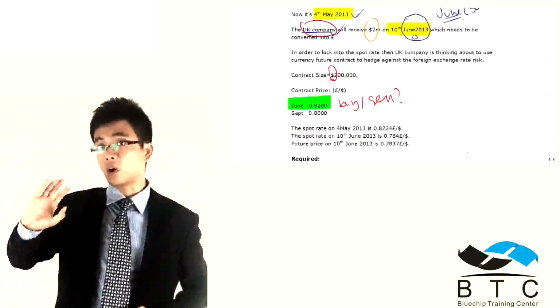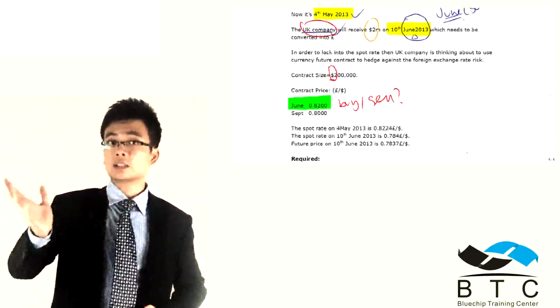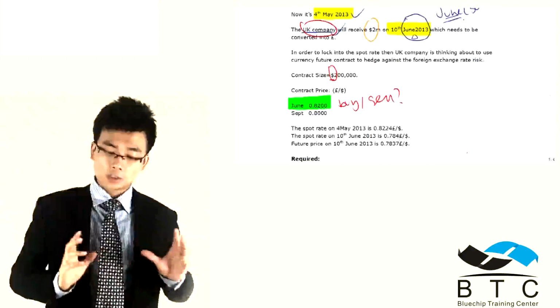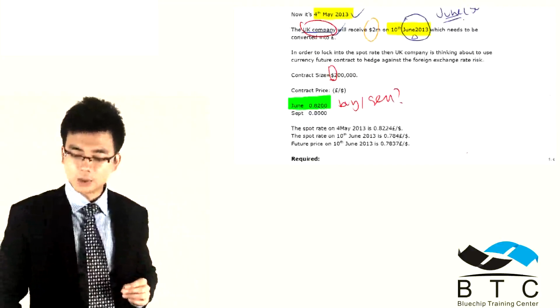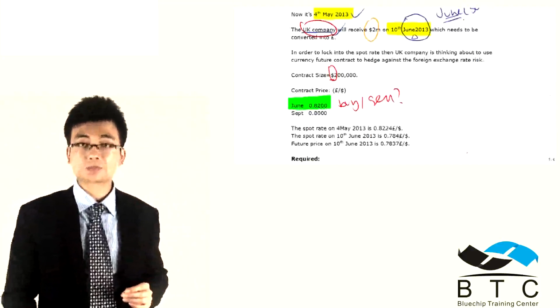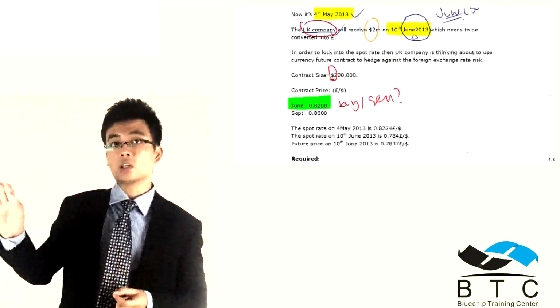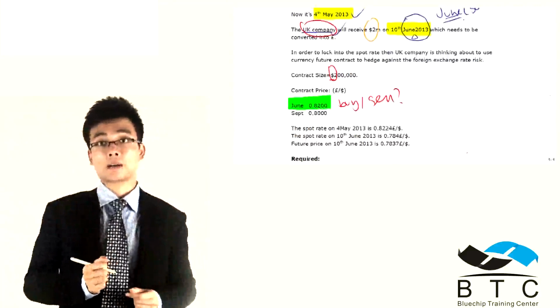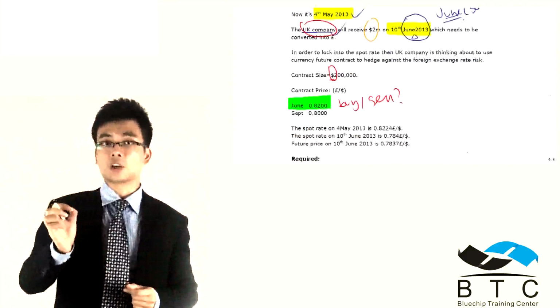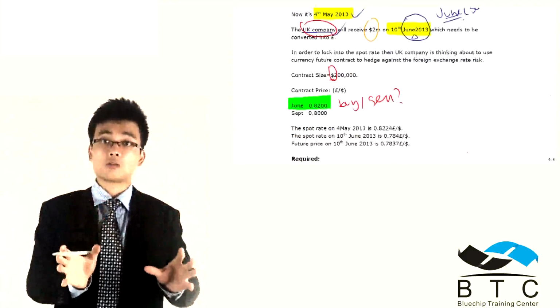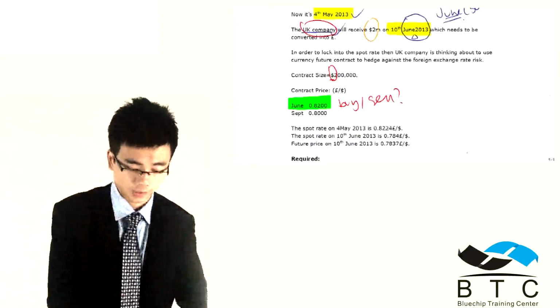You're going to sell off those currencies to get into your UK pounds. So either we're going to buy or sell those things. Of course, we're going to sell off the dollars to convert that into the UK pounds. The dollars is the contract currency, so we're going to sell off the futures contract on that date.